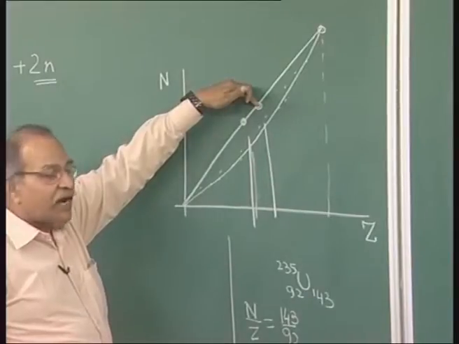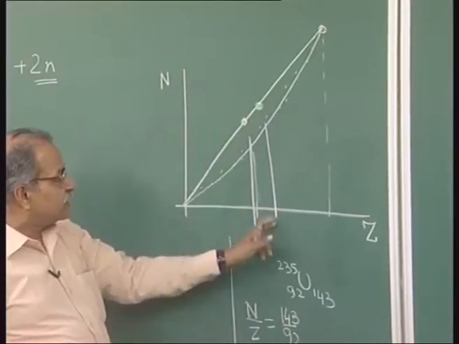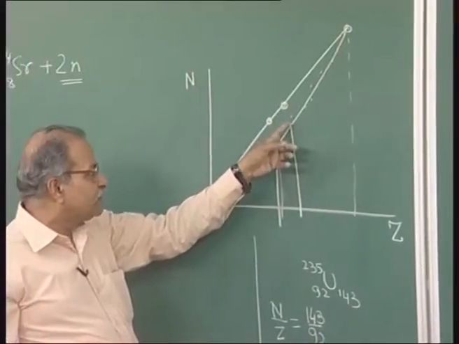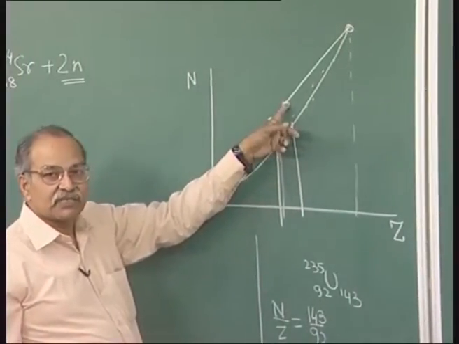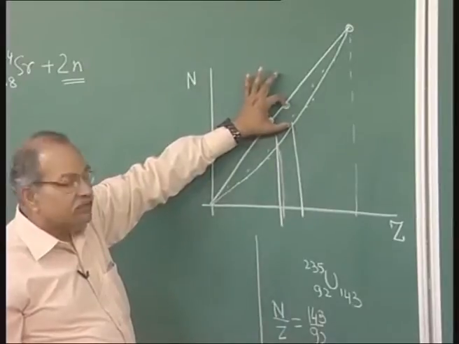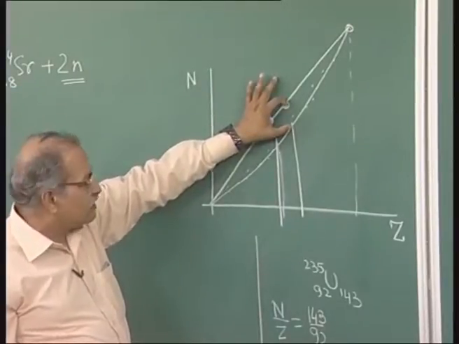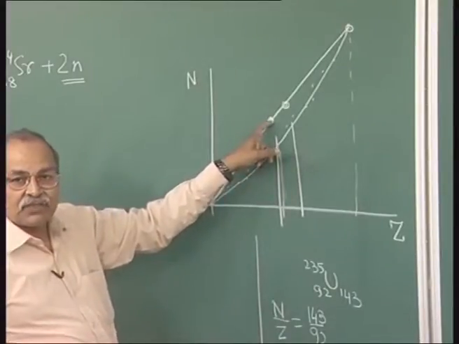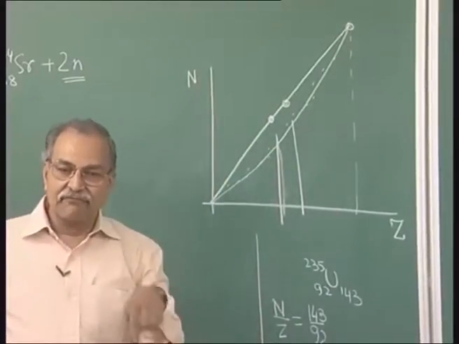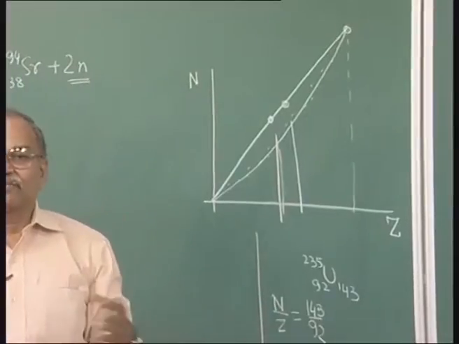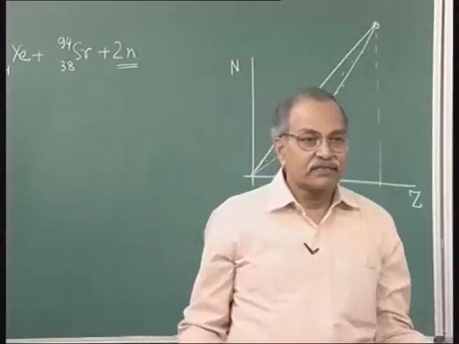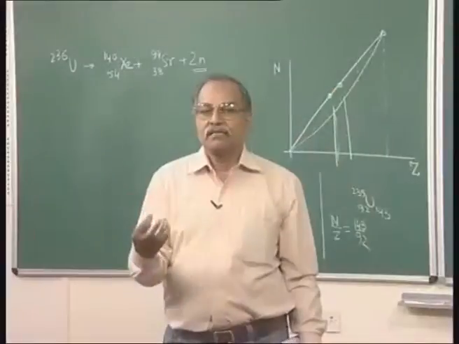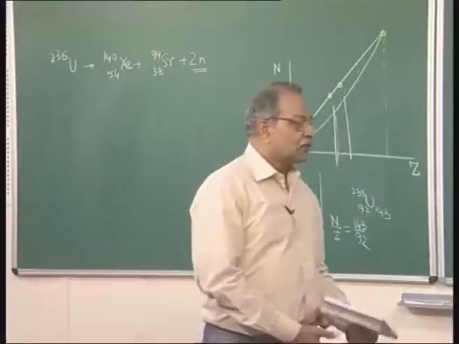So the required number of neutrons for this Z is only this much, but the neutrons which will be there in the fragment are this much. So it is highly neutron rich, and similarly here it is highly neutron rich. So the number of neutrons in the fragments just after the fission will be much higher than what is required for a stable nucleus configuration. So, what will happen?